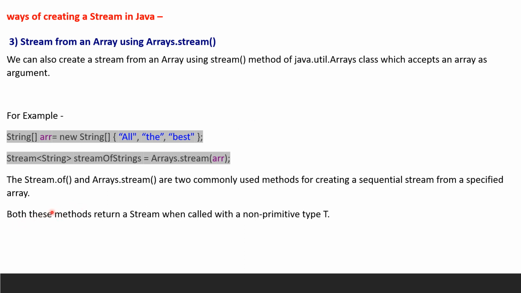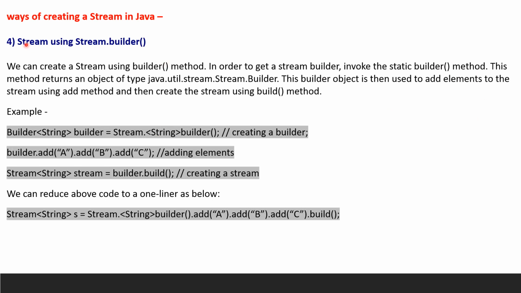And both these methods return a stream when called with a non-primitive type T.